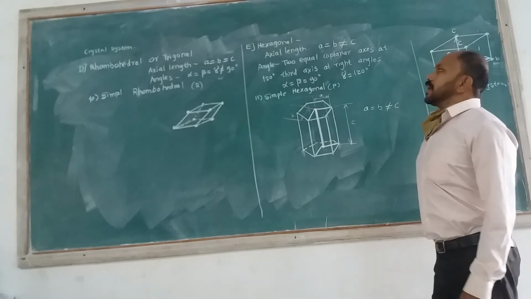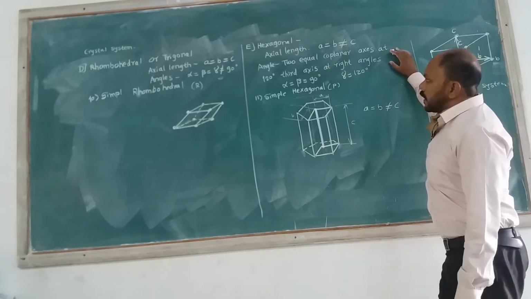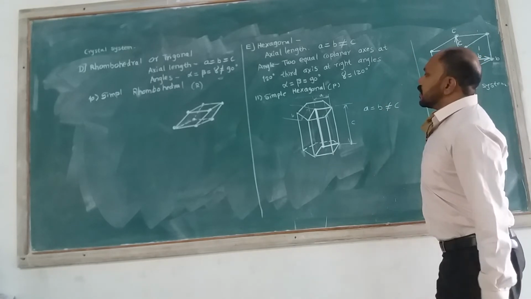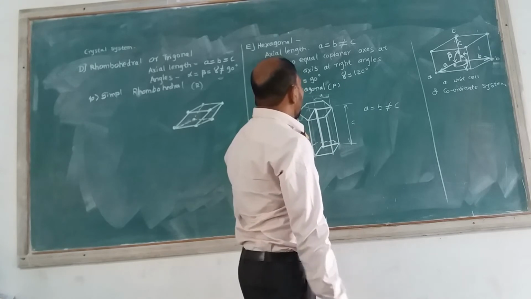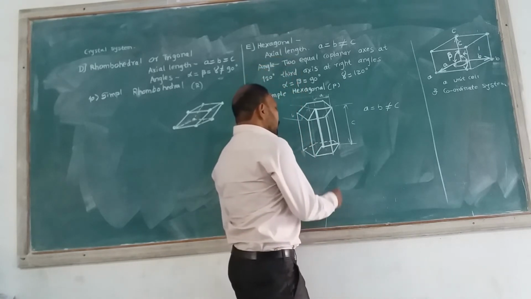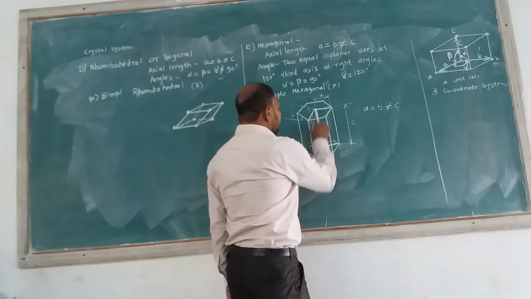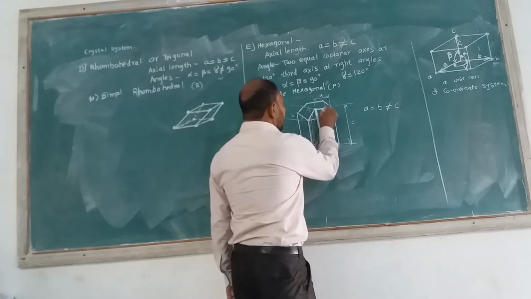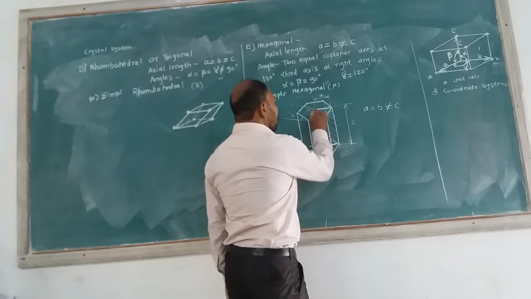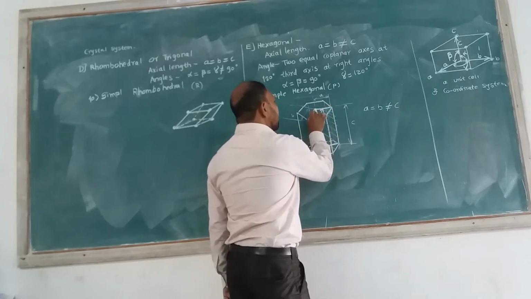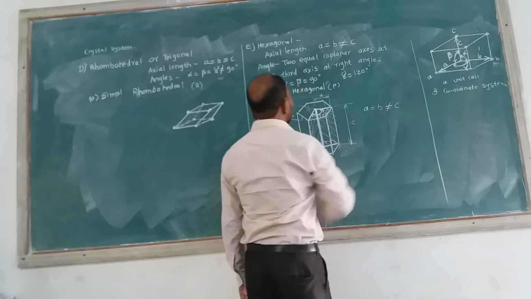If we consider the angles, then there are two equal coplanar axes at 120 degrees, and the third axis is at a right angle. If we consider this plane and this plane, the angle in between these two planes becomes 120 degrees.